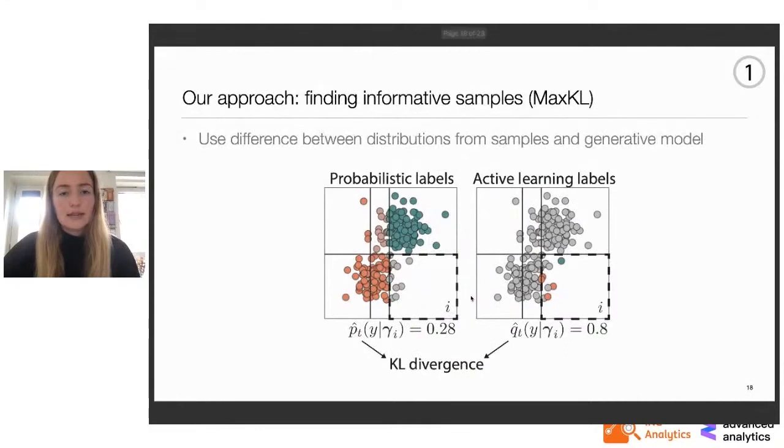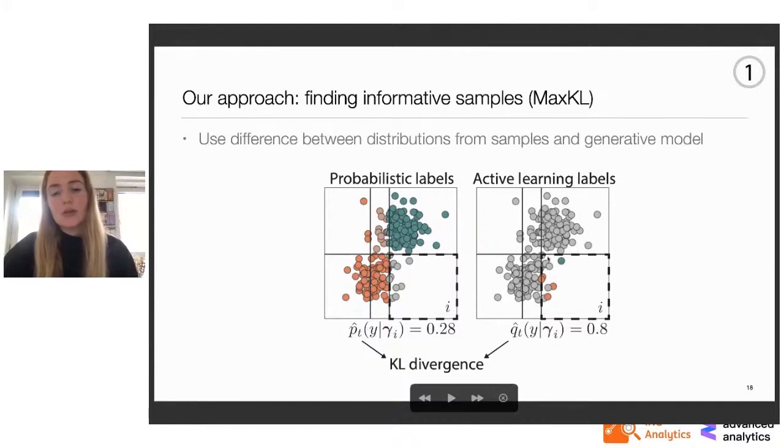So given that, what we do is we compare these probabilistic labels that we got from the generative model within a given bucket to the distribution that we get if we take only the sampled points.